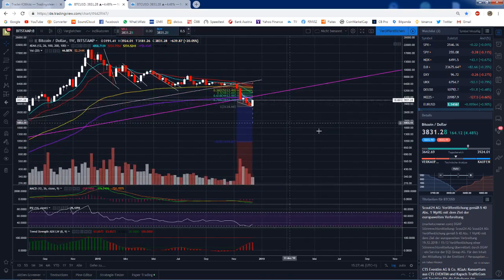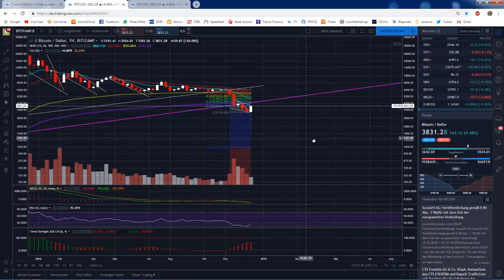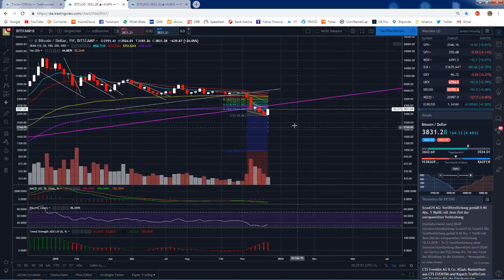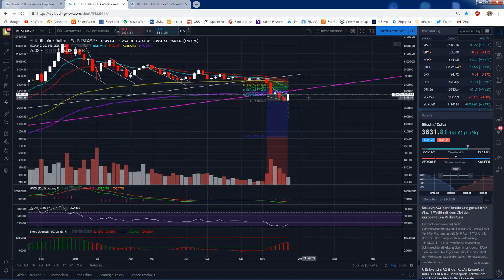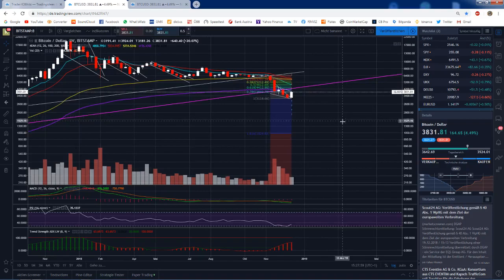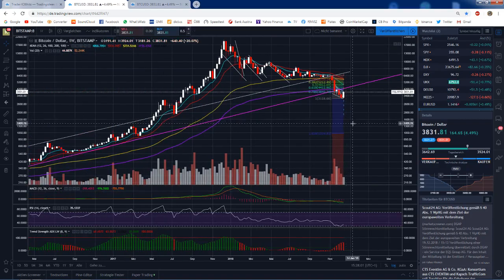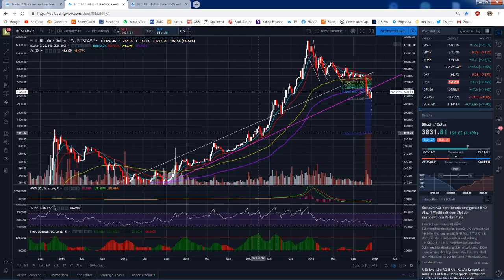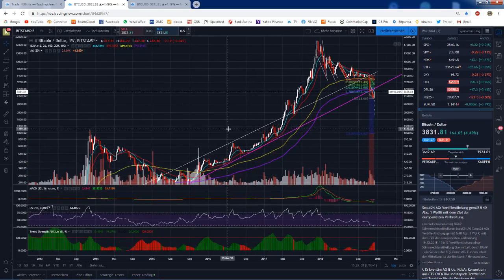Now what I think would be very interesting for Bitcoin is a retrace to this resistance line, and then maybe you see lower lows to around 1,500. I've heard very much about this level. I think it's interesting since it aligns with the previous top, and I think it will mostly be between 1,200 and 1,500.